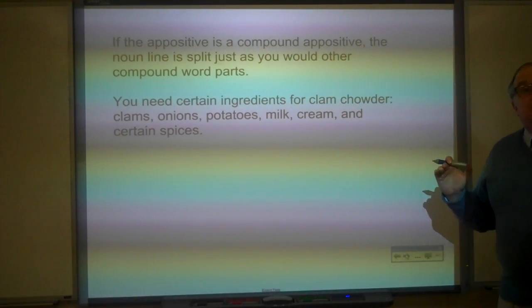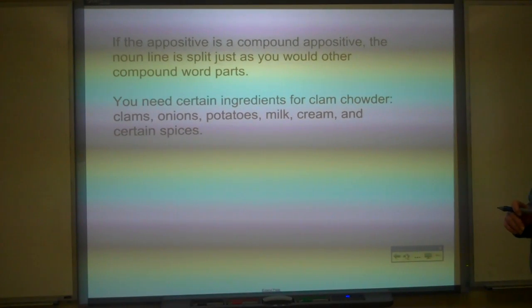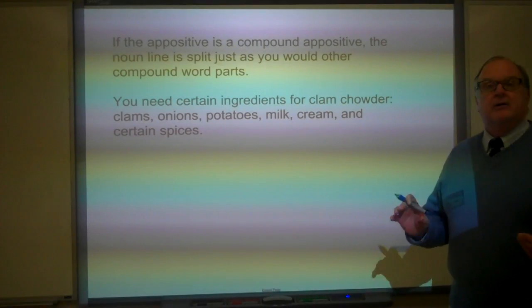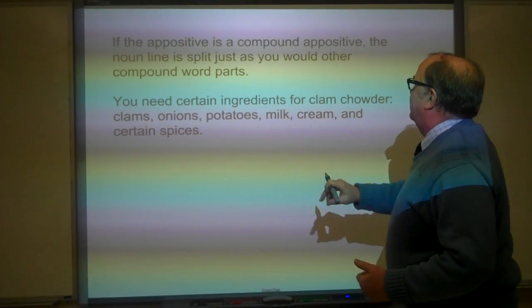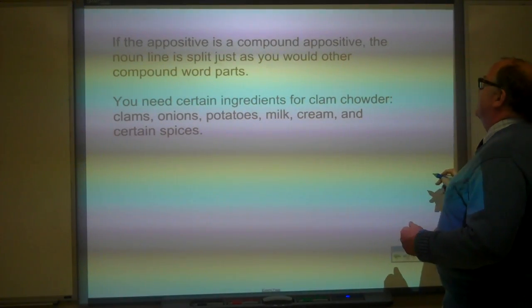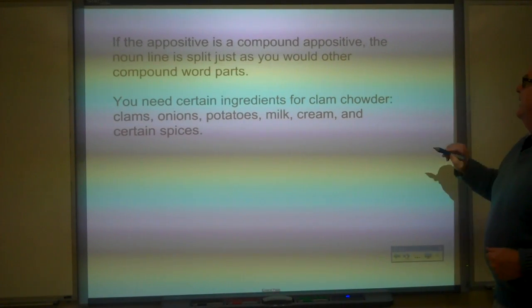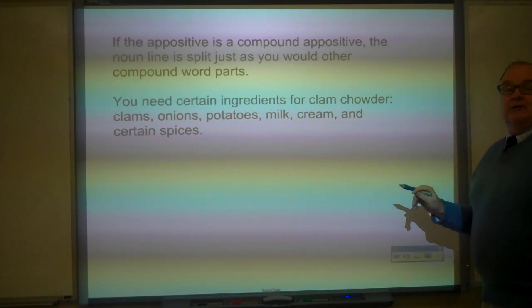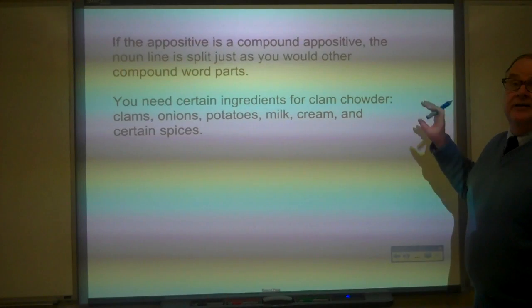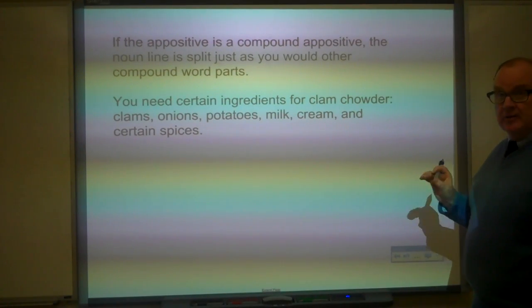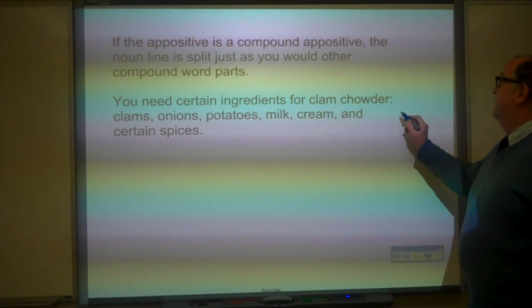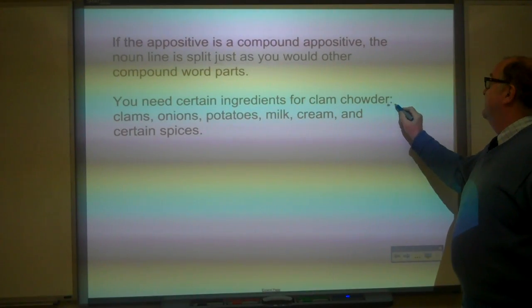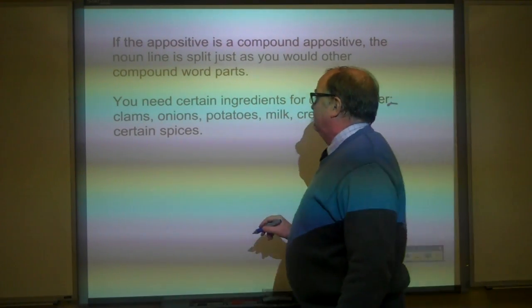If an appositive is a compound appositive, the noun line is split just as you would split other compound word parts. So, you need certain ingredients for clam chowder: and then this ends with an appositive. And remember, appositives can be set off by dashes, and often at the end of sentences, especially if it's a list, with a colon, as we see here.